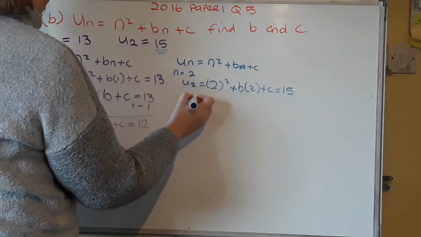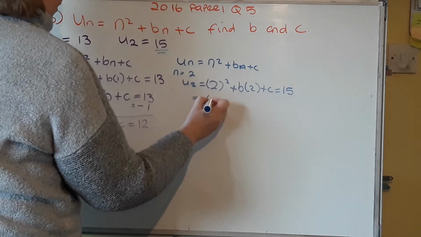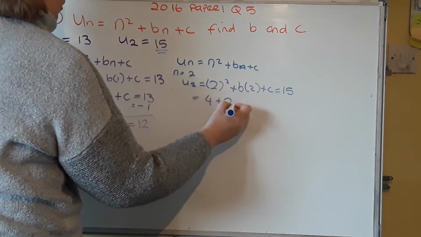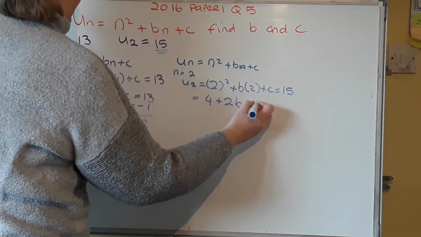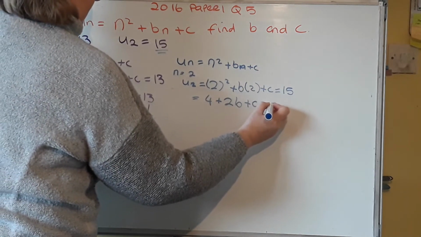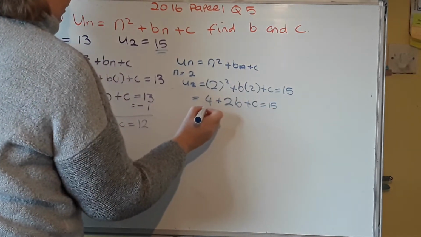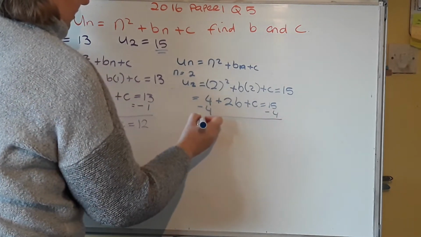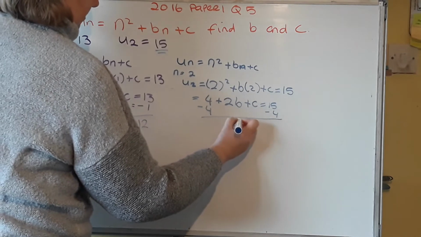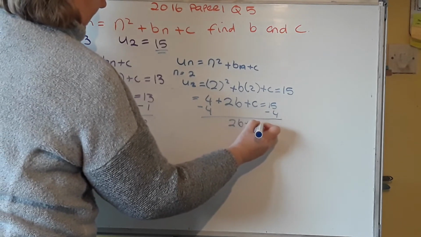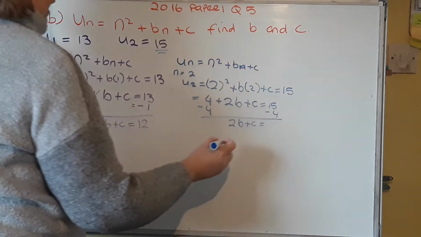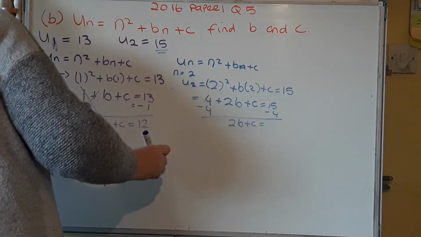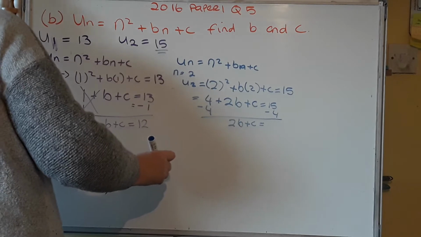So 2 squared is 4, plus b times 2 is 2b, plus c equals 15. So same as before, get rid of the 4 from both sides, so you're left with 2b plus c equals 15 minus 4, which gives you 11.